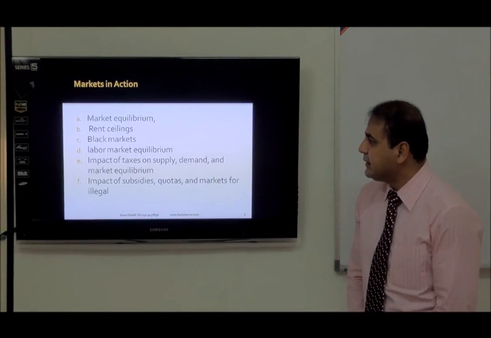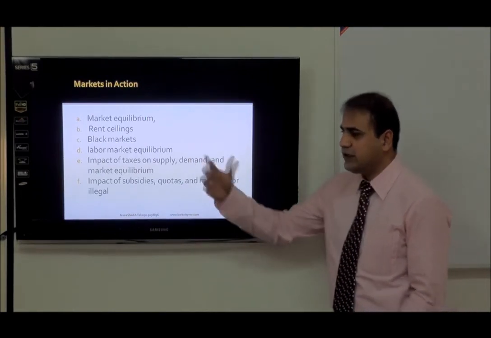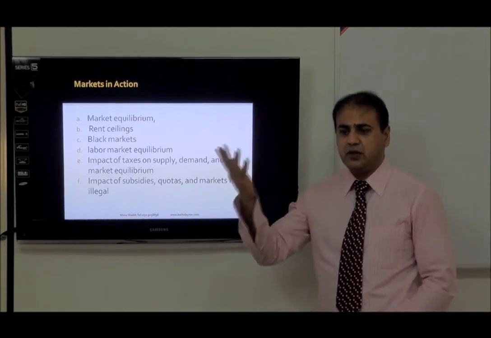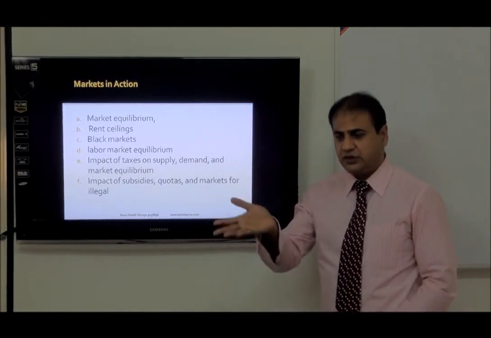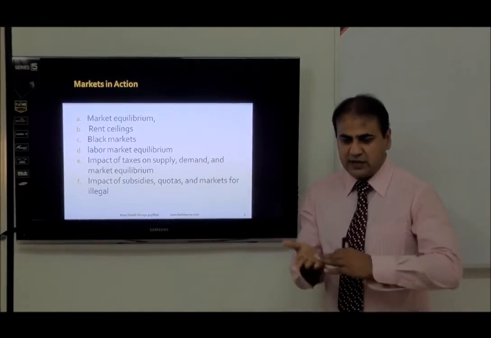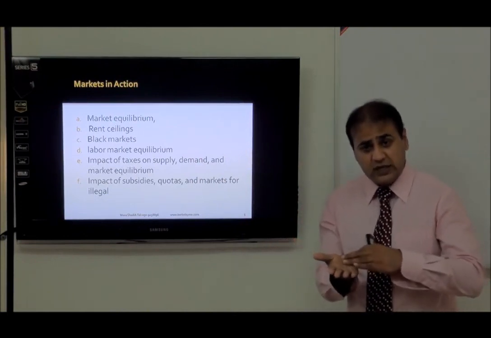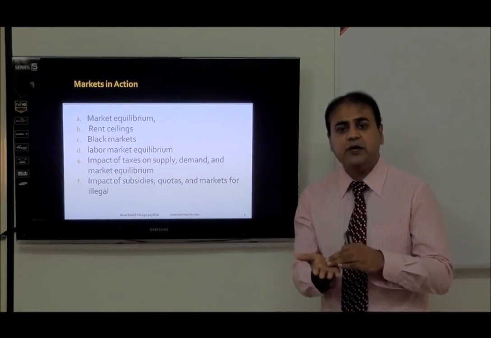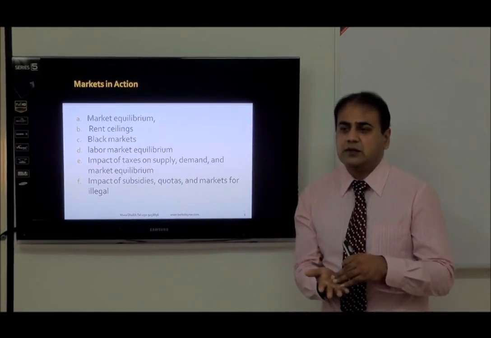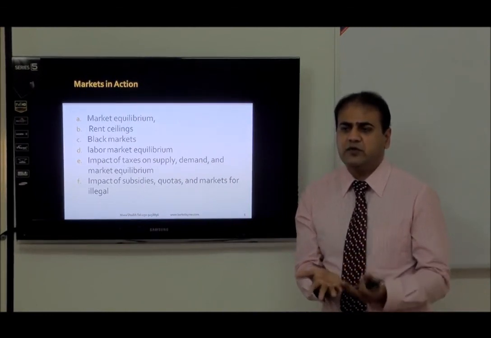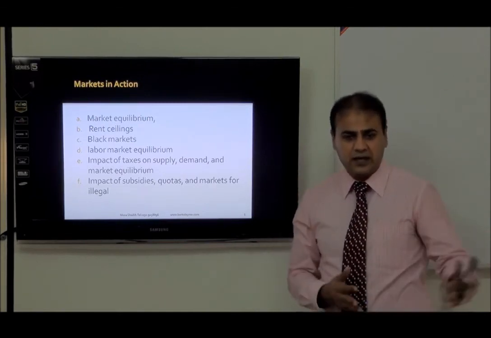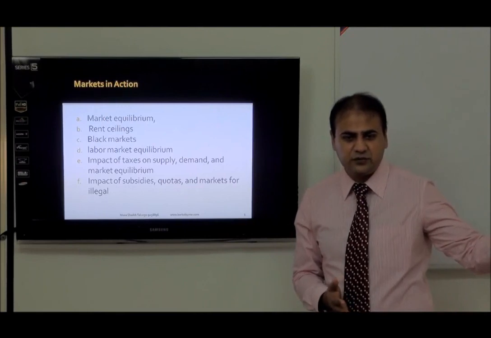Rent ceilings. We will discuss this: suppose one firm is making a lot of profit and its share value is going high, but somehow on the other side it is creating a burden for the public. For example, the rent should be 40,000 dirhams, but it has become 100,000 dirhams compared to 3 years before.